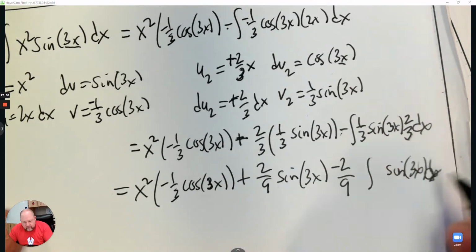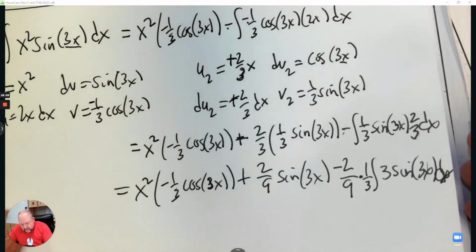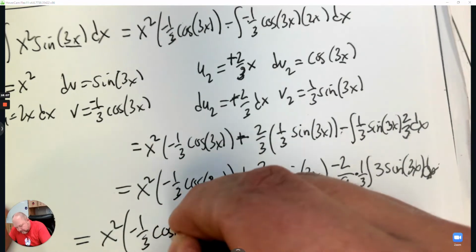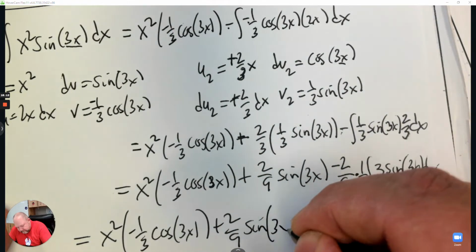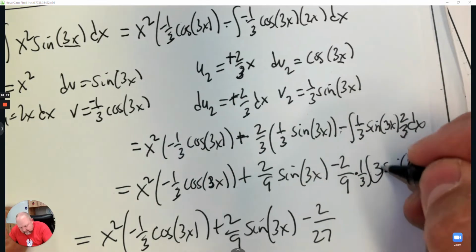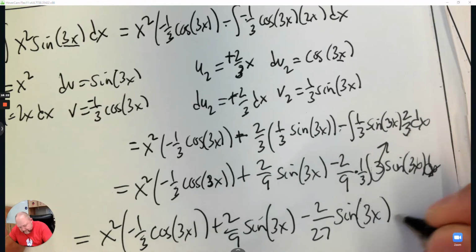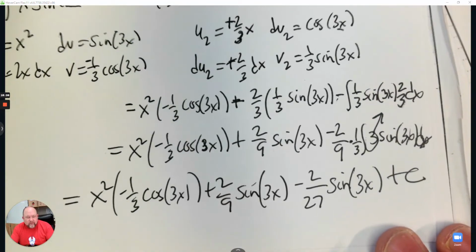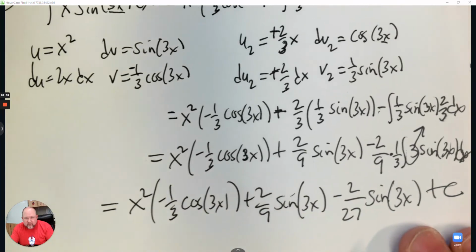The hook here should be 3, so I need a 1/3 in front with that, so it'd be negative 2/27. And then the hook can be ignored or circle it. And there you go. Honestly, that's the longest situation for by parts, right? When you have to do it twice and with trigonometry. What a great little question.